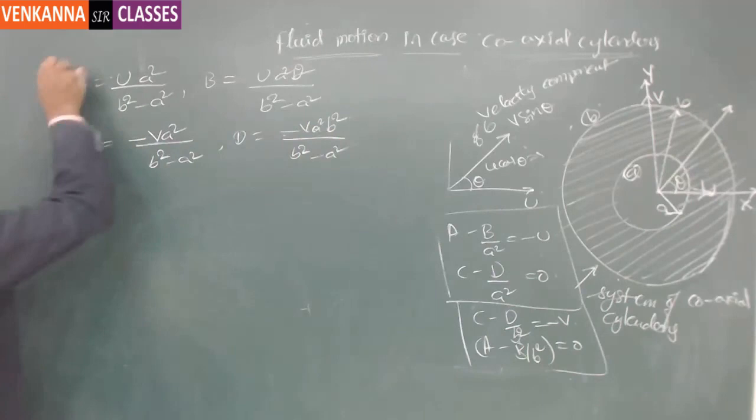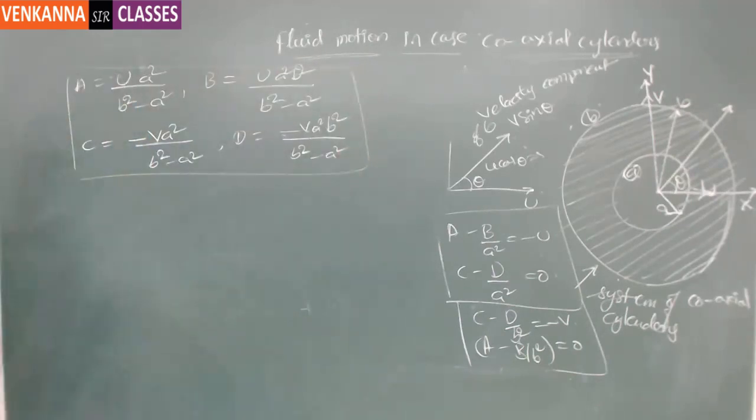So these are the four different constants which you get as the solution.